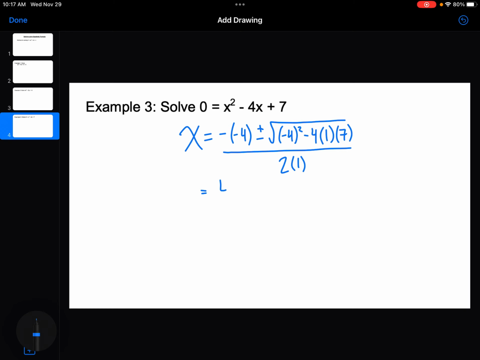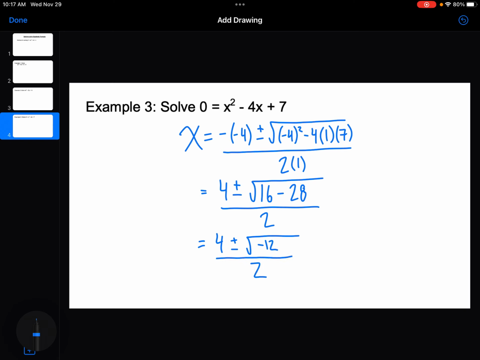So then we get positive 4 plus or minus the square root of 16. And now 4 times 7 is going to give us an issue, because 16 minus 28 is giving us a negative value. We get negative 12 over 2. We can't do that.